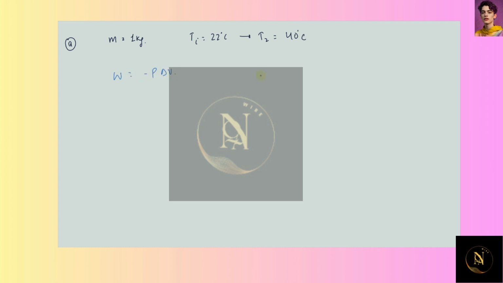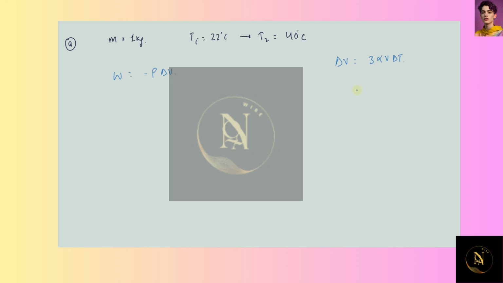Now, we're going to calculate the change in volume by using the thermal expansion concept. By using that concept, delta V is equal to 3 alpha V delta T, where alpha is the coefficient of thermal expansion, V is the volume of aluminium, and delta T is the change in temperature.